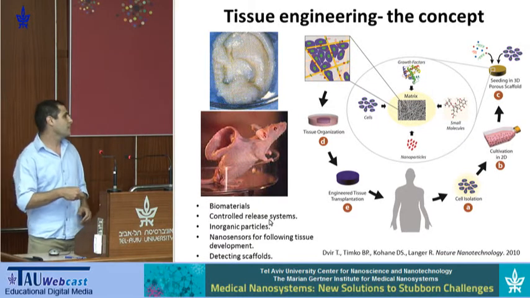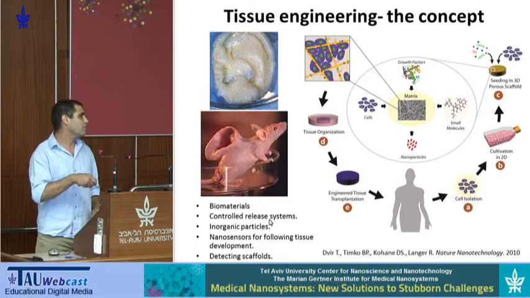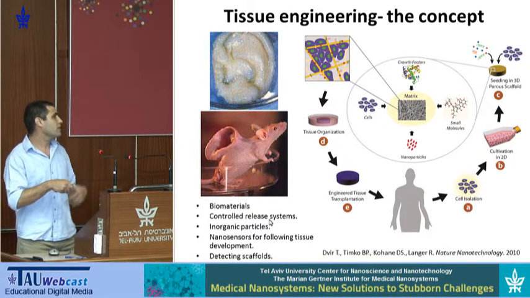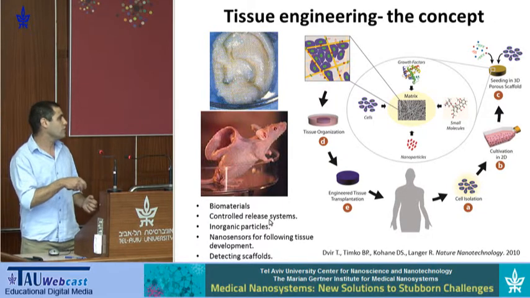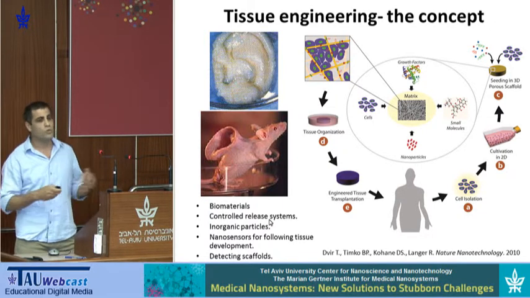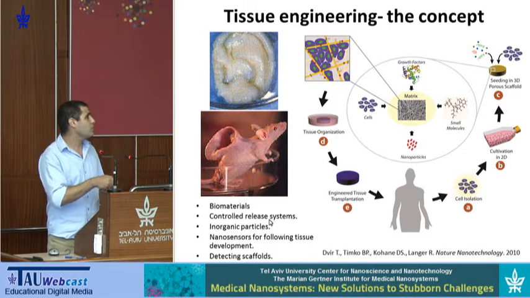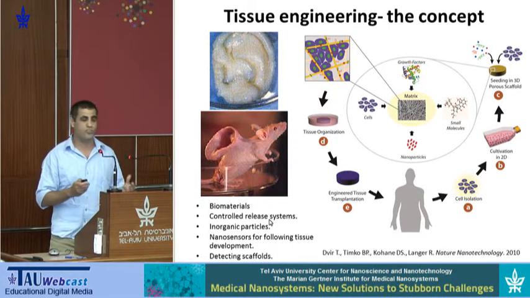In tissue engineering, we can take cells from the patient or any other source, as I'll mention soon. We can cultivate them in a two-dimensional flask, and then we take the cells and seed them in three-dimensional biomaterials that we engineer.